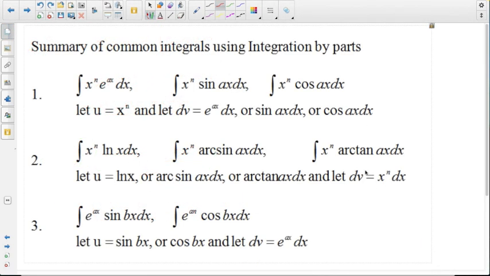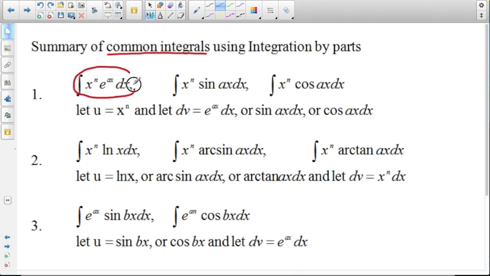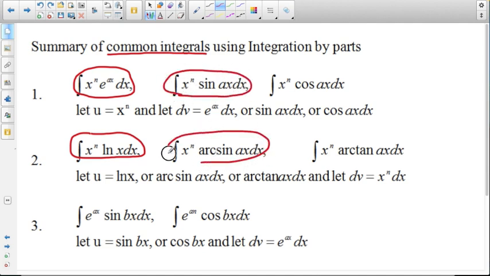To wrap up integration by parts, here are some common integrals that you would run into. When we look at these, we can see that these right here, I'll just circle them in red, are definitely going to be power reducers, as well as these, because we have that polynomial expression x to the n power.